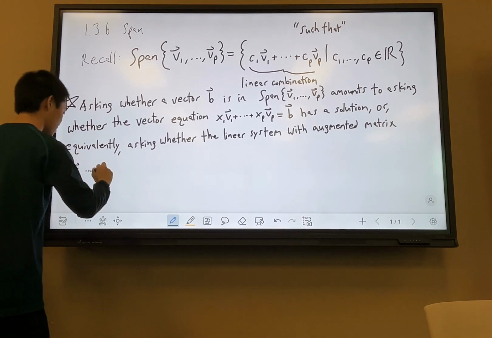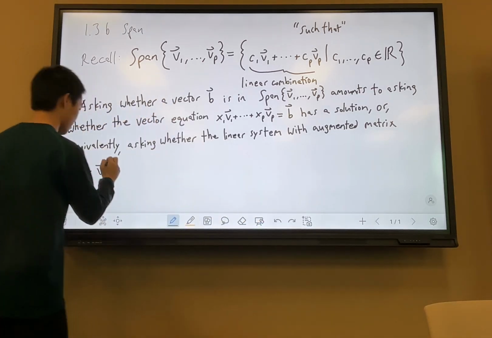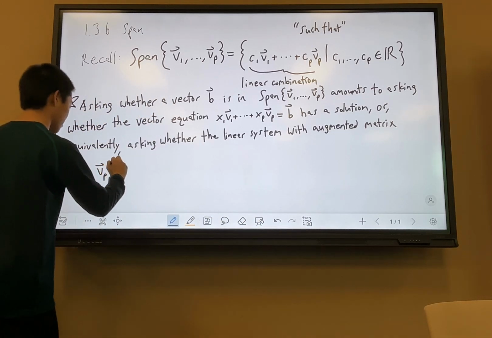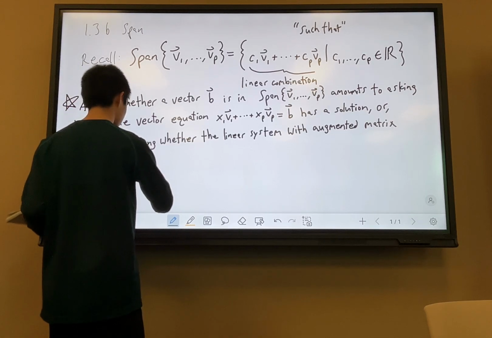So I have columns v1 through vp, and then the b vector, has a solution.